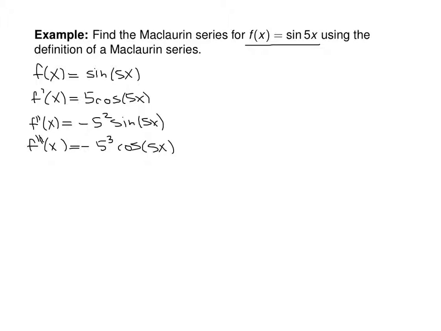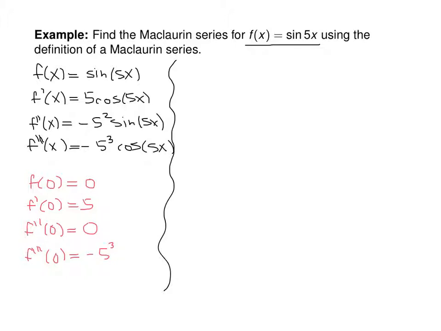And after this, the cosine and sine portion of the derivatives are going to cycle, and the power on the 5 matches the numberth derivative that you have. So notice that f of 0 is 0, f prime of 0 is 5, the second derivative at 0 is 0, the third derivative at 0 is negative 5 to the third.